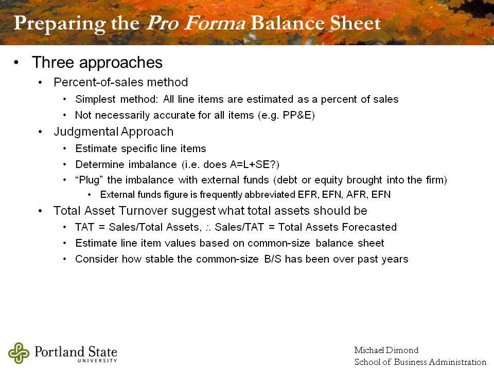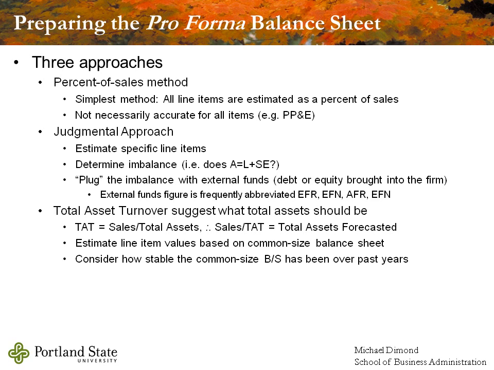Knowing that that $25 million in assets has been forecasted, I can then assign the values based on a common-sized balance sheet. So if I know that cash is always 5% of total assets, I'm going to take 5% of that $25 million and I'm going to produce that for my cash number. I do the same thing for each of the other line items in the assets, the liabilities, and the equity section. And I'm going to look at how stable this common-sized balance sheet has been over the past years.